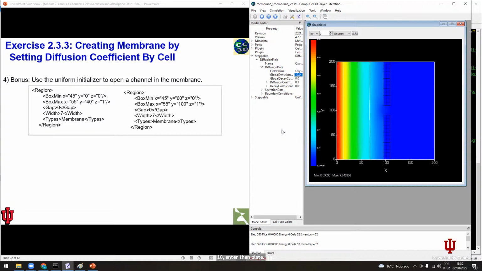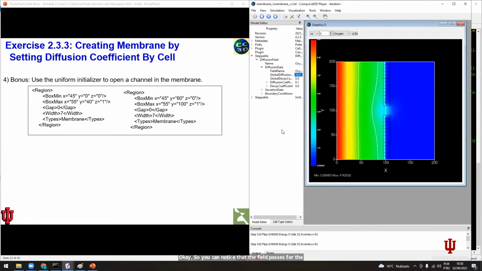And hopefully we will get some interesting effects. Okay, so you can notice that the field passes through the hole, and the hole affects the field way back.